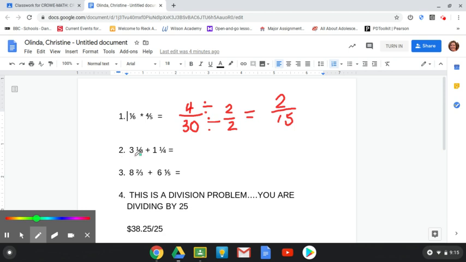All right, number 2, 3 1/3 plus 1 1/4. Remember, we can't add fractions with unlike denominators. So I'd like to write the problems like this.